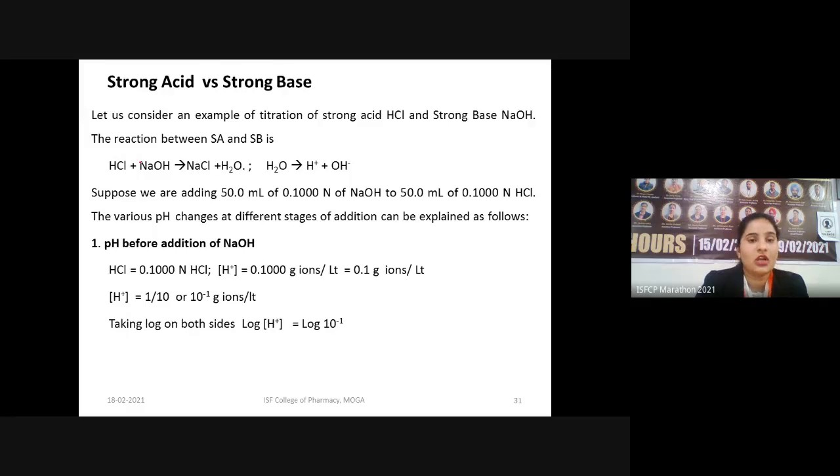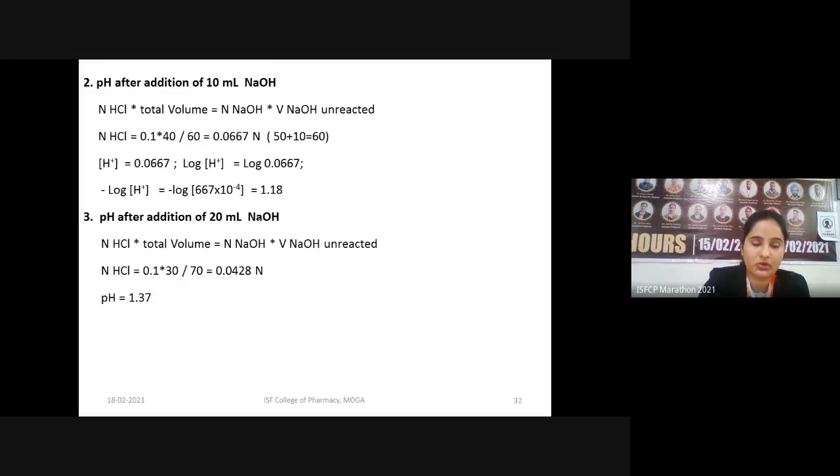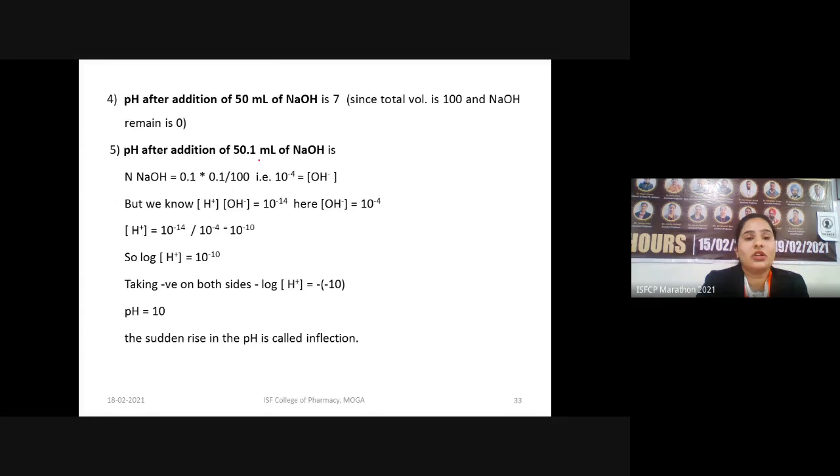After the further addition of sodium hydroxide, what is going to happen? There are no more proton ions whose neutralization is to take place. Now our solution is going to shift towards the basic side.